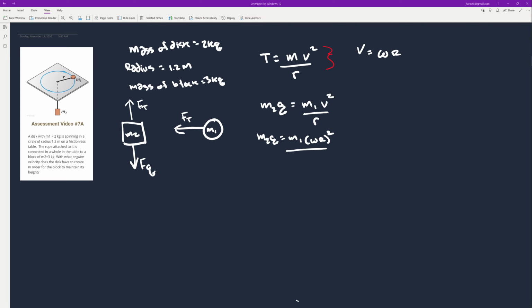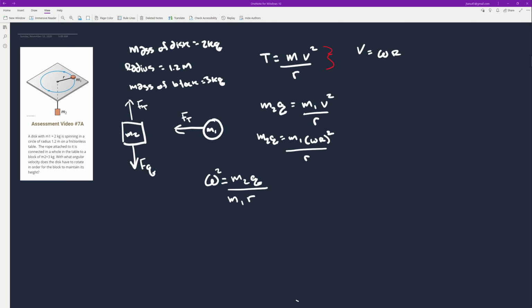And then we can just go ahead and simplify for angular velocity, since that's what we're trying to find. We'll have angular velocity squared is equal to second mass times gravity divided by mass 1 times the radius.